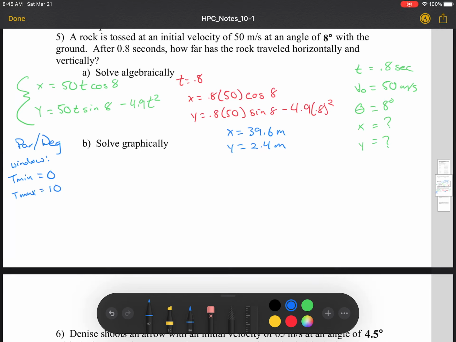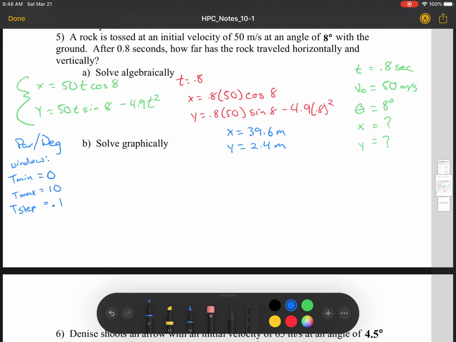We're looking at something that's after 0.8 seconds, so if we put 10 in there, that's fine. Then our T step, remember what I said before, you want to put it in terms of what your T is being counted in. In this case, they're looking at 0.8 seconds, so I'm going to make our T step 0.1.